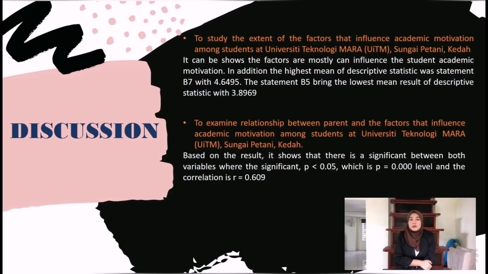Secondly is to examine the relationship between parent and the factors that influence academic motivation among students at UiTM Sungai Petani Kedah. Based on the result, the hypothesis is accepted since there is a significance between two variables with a p-value 0.000 and p less than 0.05, and the correlation is r equal to 0.609.